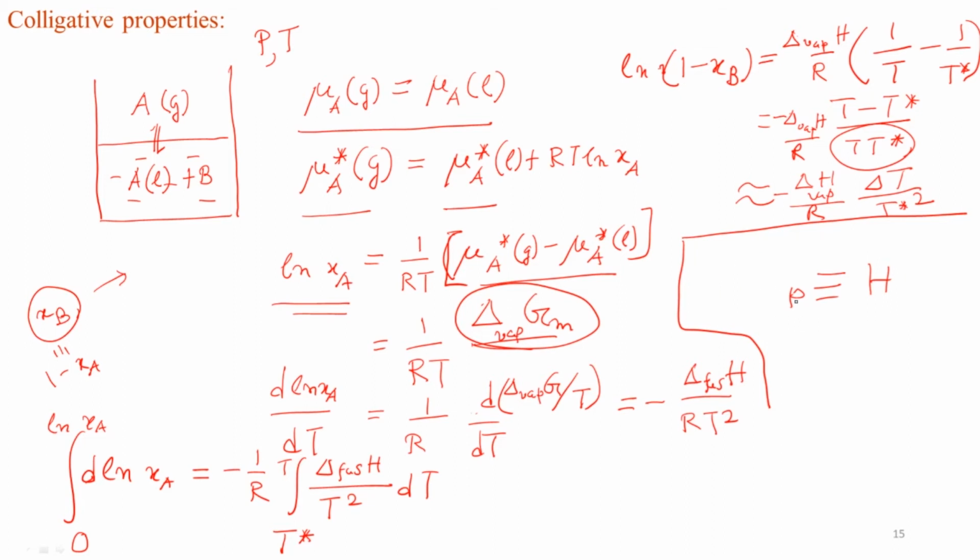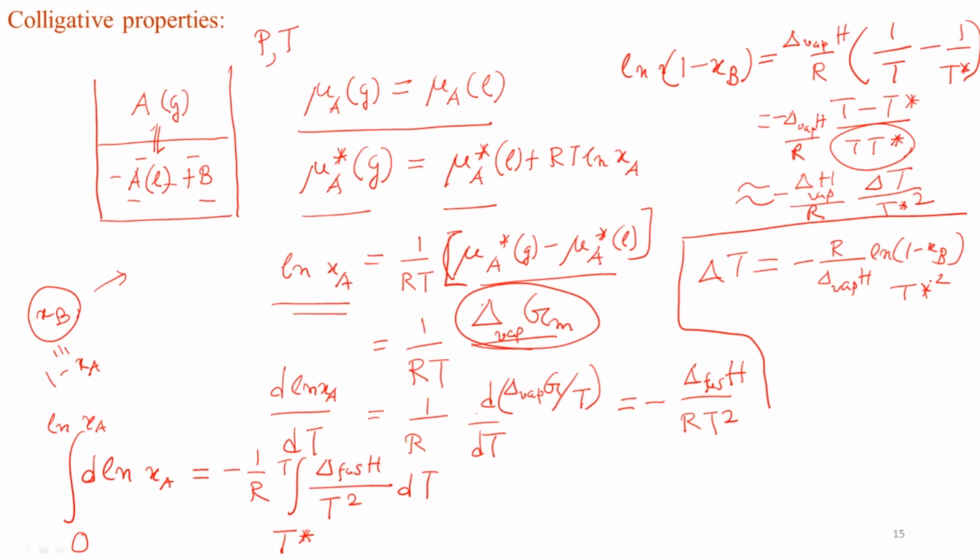Now alternatively, the expression for delta T is sometimes written as follows. The expression we got is R by delta vaporization H into ln of 1 minus XB, times T star squared, and sometimes it is proportional to XB, and then you can just manipulate all these terms.